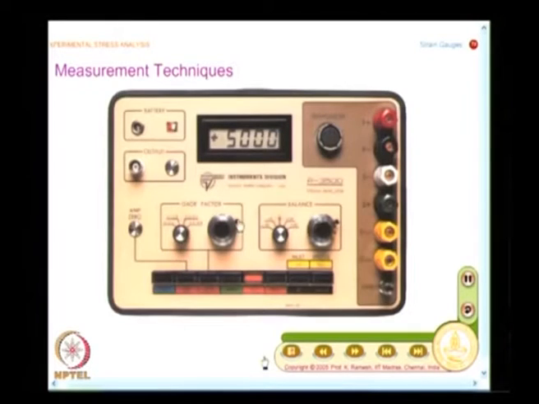Some of these effects can also be easily cancelled by modifying your gauge factor appropriately. So, you have a knob specifically available in the strain gauge meter to set the gauge factor, and you also have another set of knobs for you to adjust the initial balance.